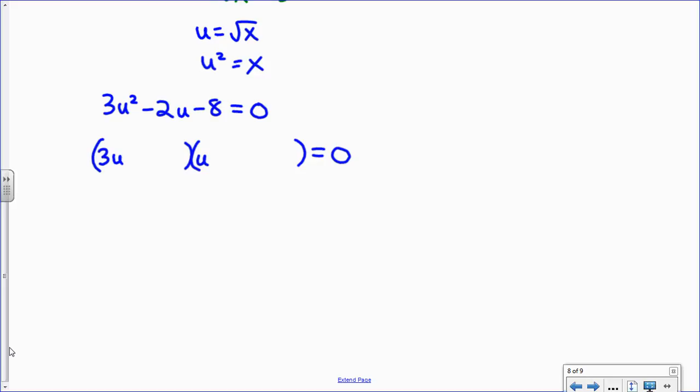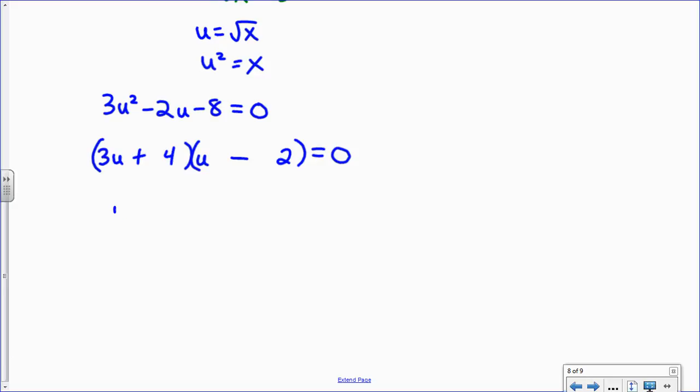So I can get 2 from 6 and 4. Negative means one's negative and one's positive. I want the 2 to be negative, so that means I need my 6 to be negative, and then the 4 to be positive. And I say 6 because the outer would be 3u times 2, which is 6.